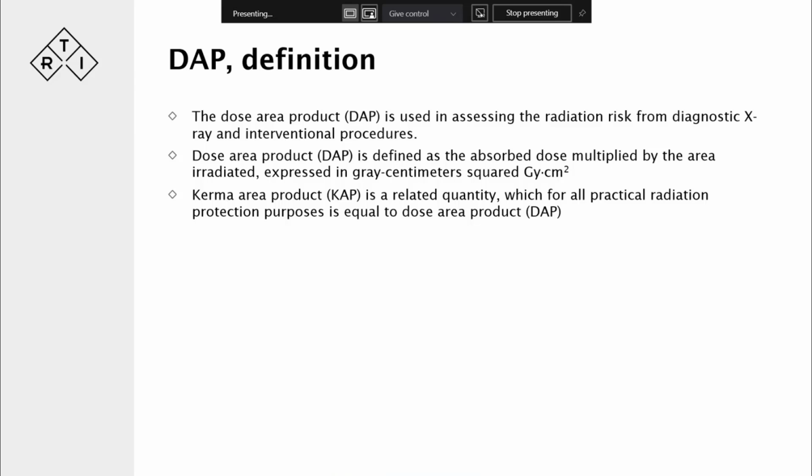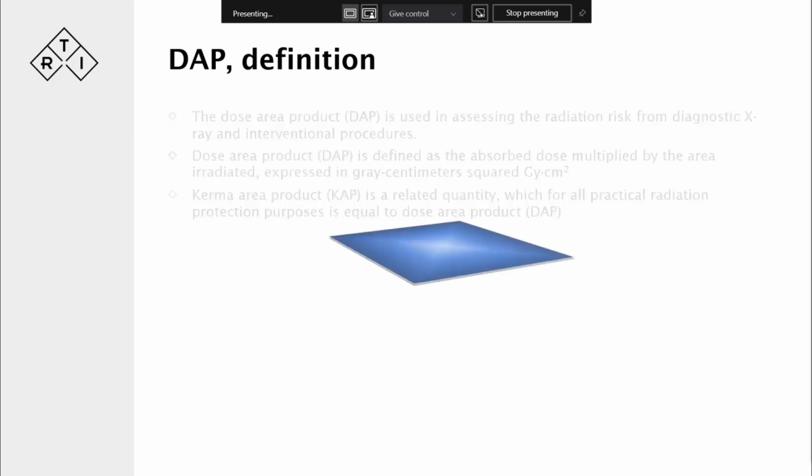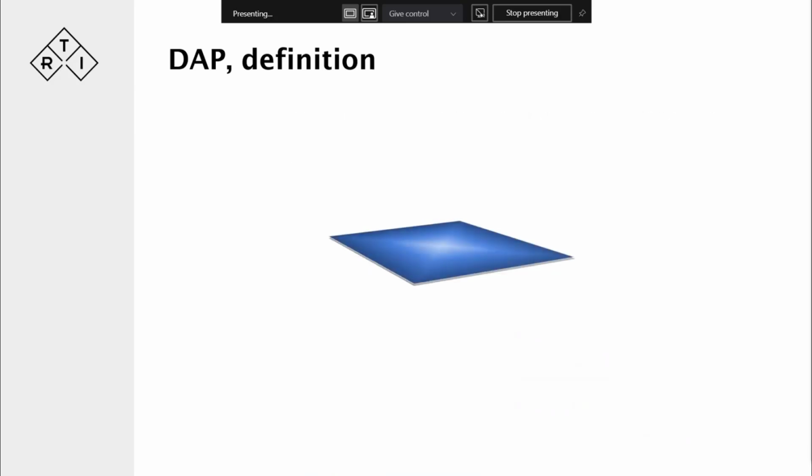So interchangeable. Nomenclature is DAP and KAP. They're practically interchangeable.